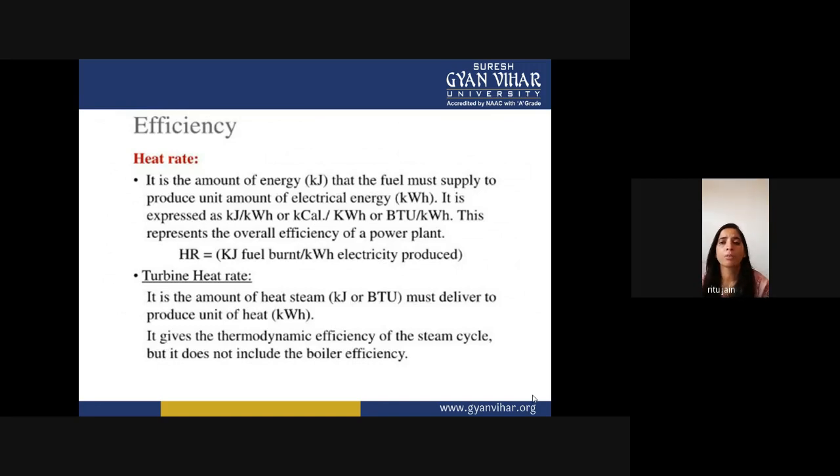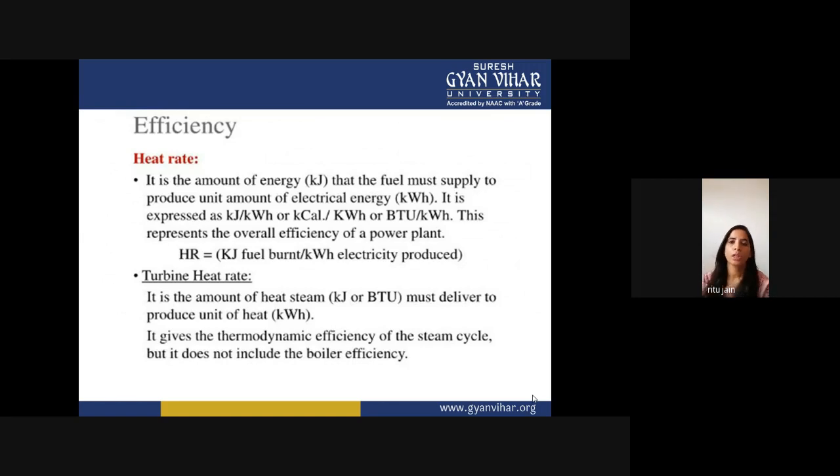We have already discussed that energy can be represented in kilowatt hour or in kilojoule. Heat rate is the amount of energy that the fuel must supply to produce a unit amount of electrical energy.